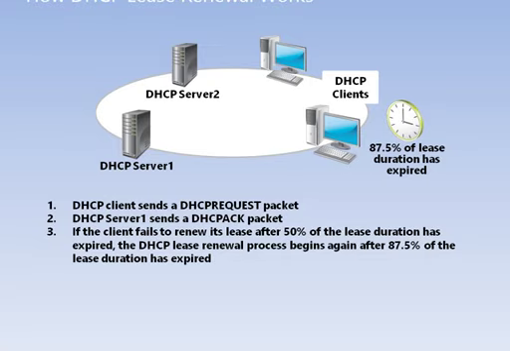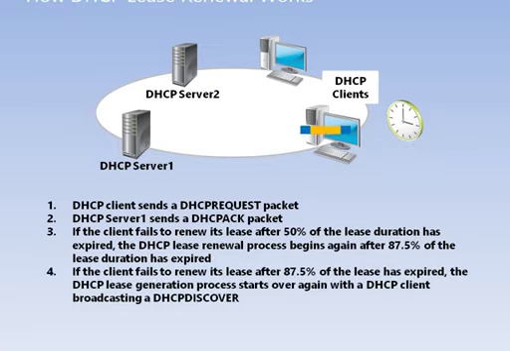We keep trying again and again to contact the DHCP server for the renewal process. If the DHCP client fails to renew its lease after 87.5% of the lease has expired, the DHCP lease process starts again, with the DHCP client broadcasting to the DHCP server. The client keeps trying again and again.